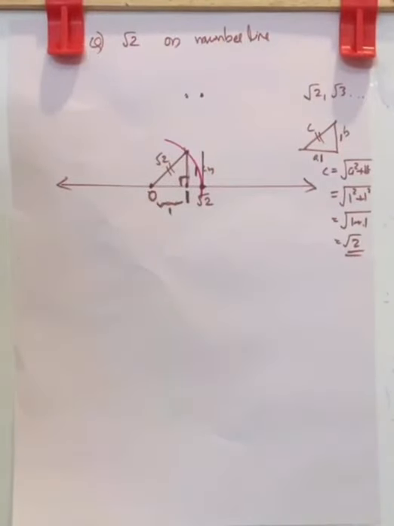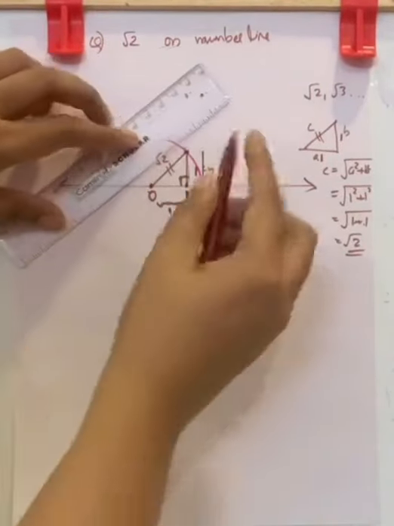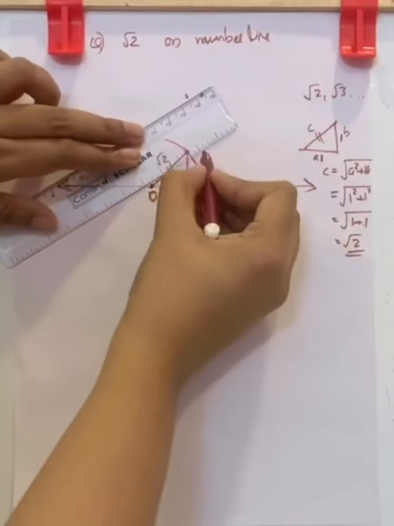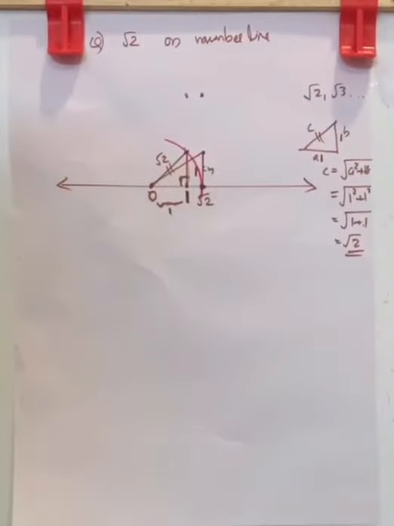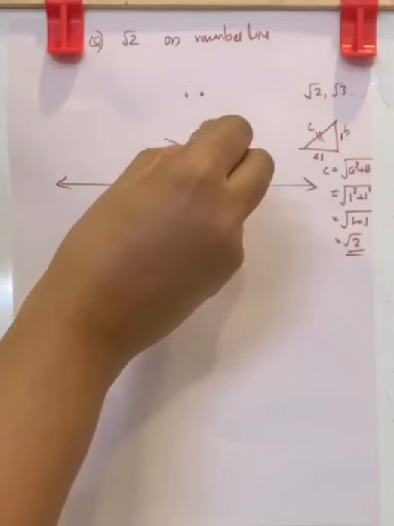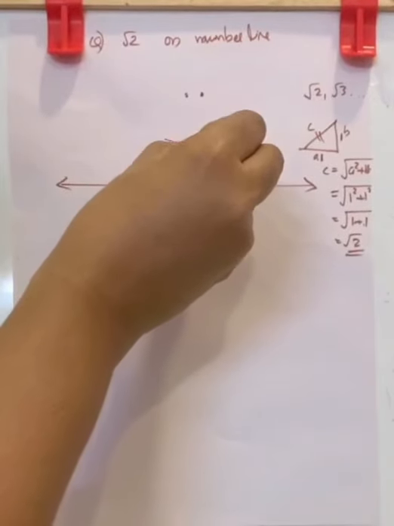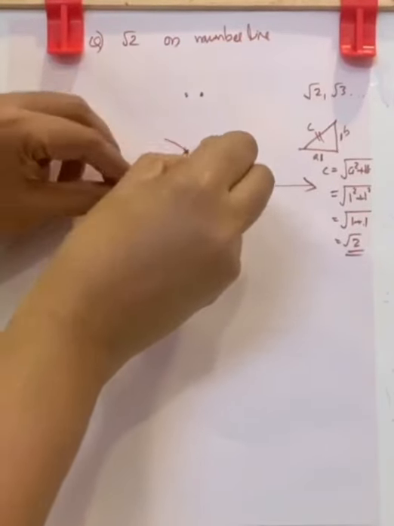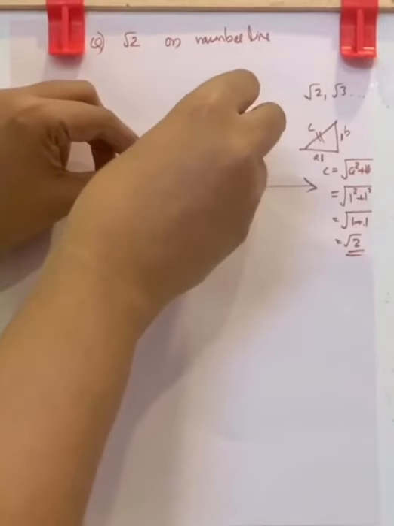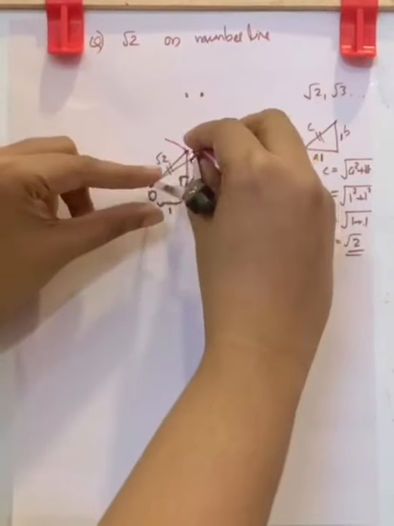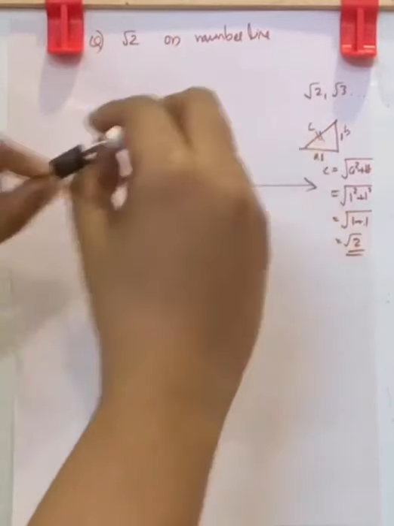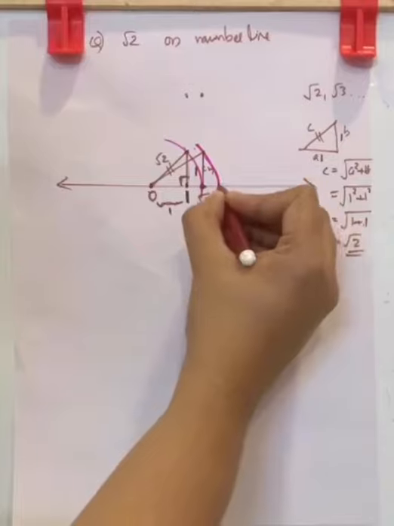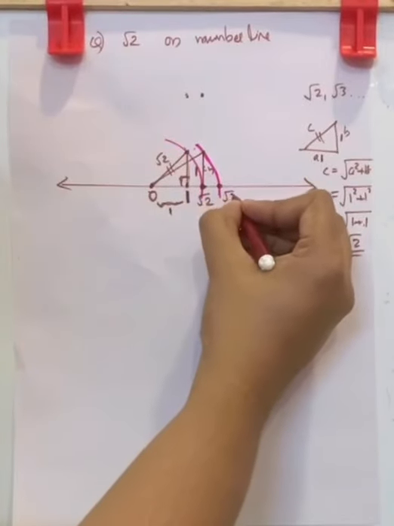Now next is to join this new point with this 0. Now take that value as the radius and draw an arc. The point touching the number line is root 3.